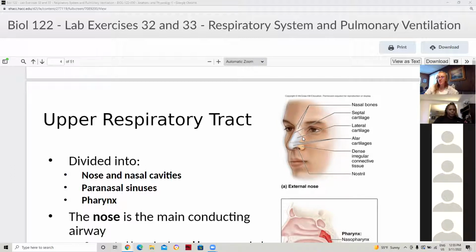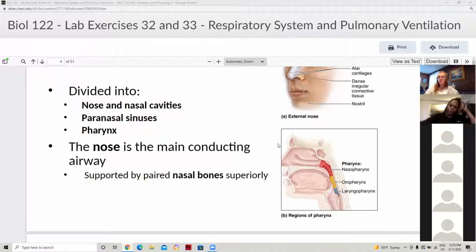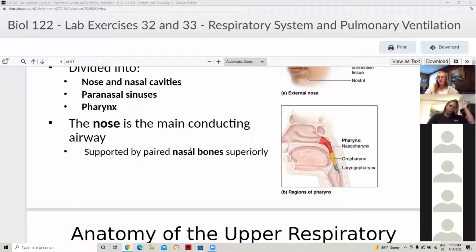If it's a superficial break and doesn't break the nasal bones, you're separating the cartilage. But cartilage, as we know, takes a really long time to heal because it's avascular. So the nose is the main conducting airway.